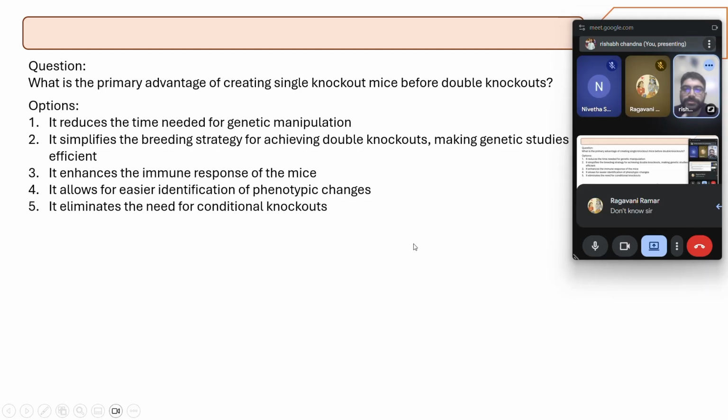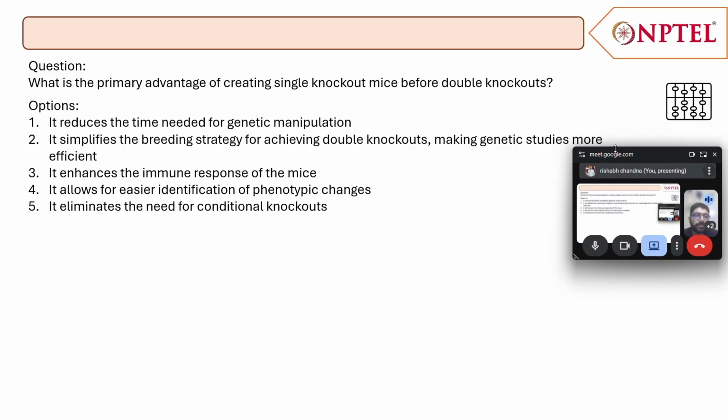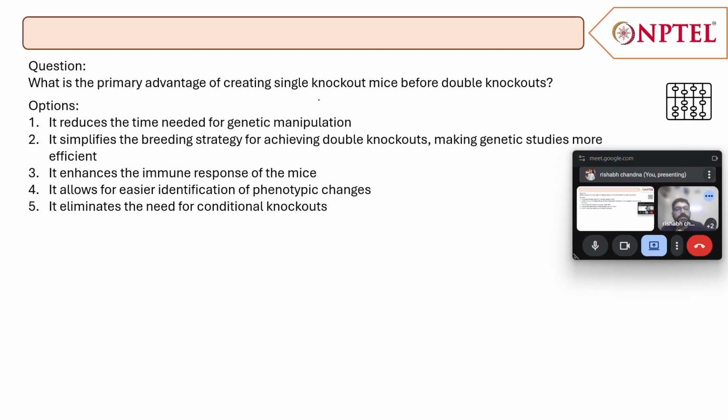Okay, so if there are any single knockout mice, that means there is modification in a single gene. After creating this modification, if we create a knockout in two genes, that will be called a double knockout. Rarely do we study two genes' interaction like that.